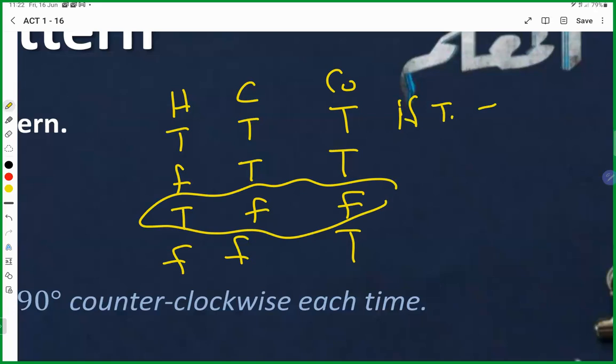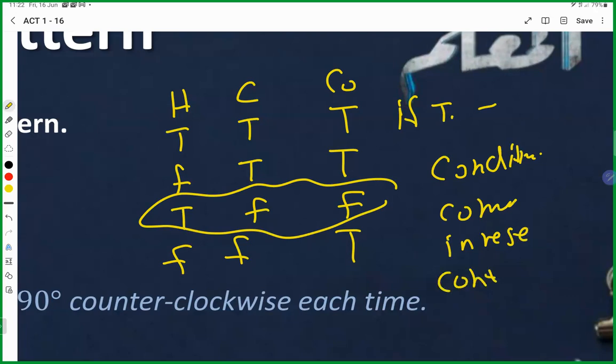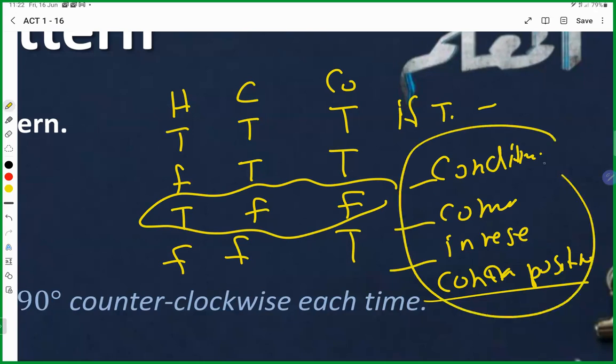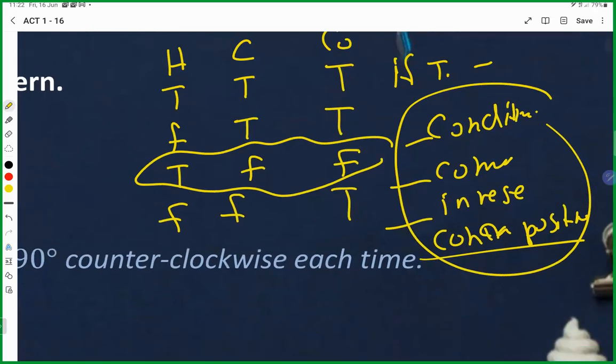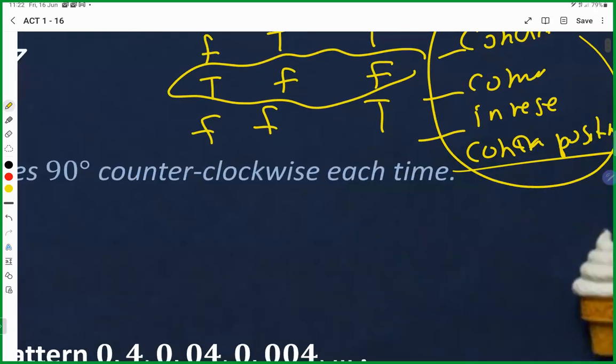The second thing is remember the relation between the conditional statement, the converse, inverse, and contrapositive. Those are okay to be remembered. And the last thing in this chapter is the biconditional statement. What's meant by biconditional statement?